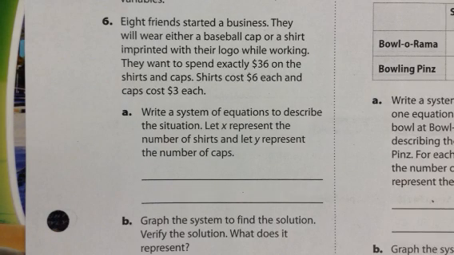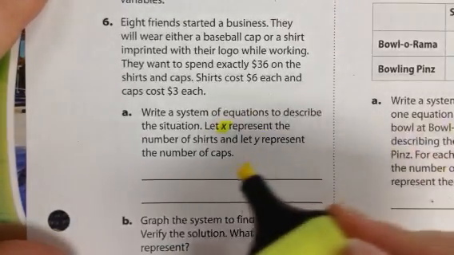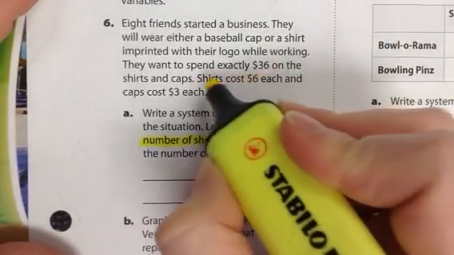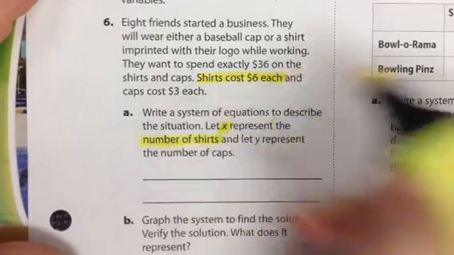I'm going to use my highlighter so I can go back and match things up to help me write my equations. With yellow, I'm going to highlight that they said X is going to be the number of shirts. So I'll go back up here because it said shirts are $6 each.